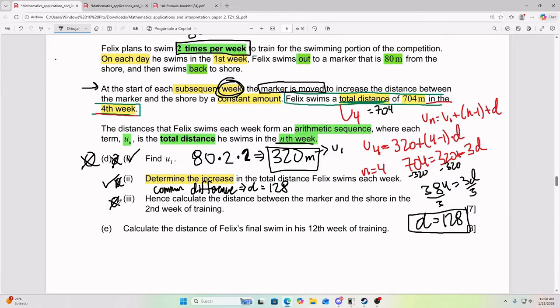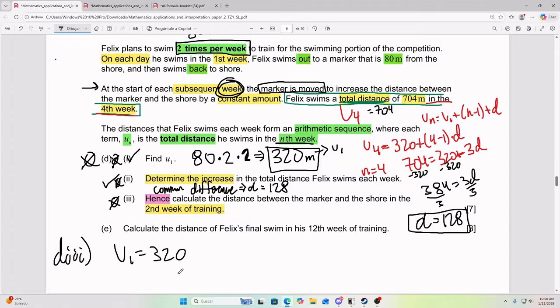Finally, for part DII, we have hence, which is an important word because it's telling you, using what you did from parts I and II, hence, calculate the distance between the marker and the shore in the 2nd week of training. And so for part DII, it's a little more friendly than what you think. You have that U1 is 320.